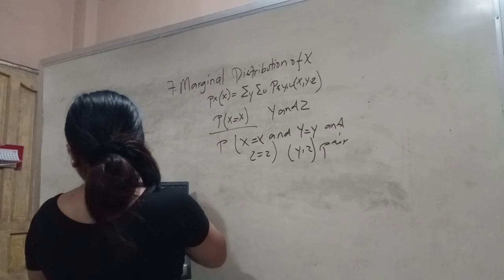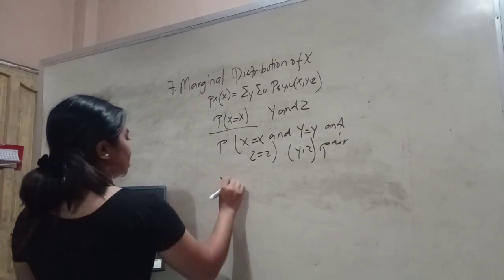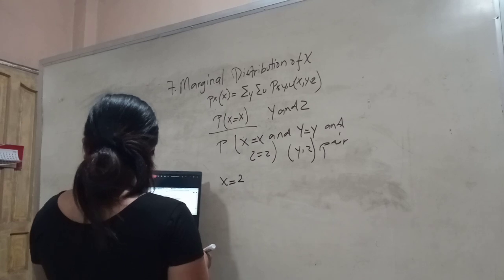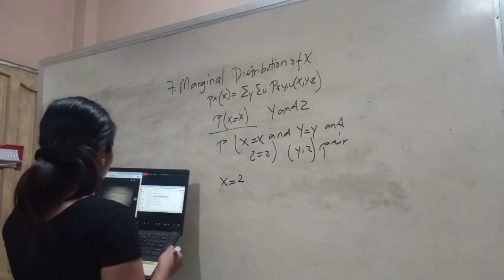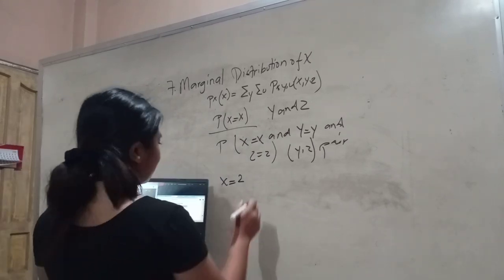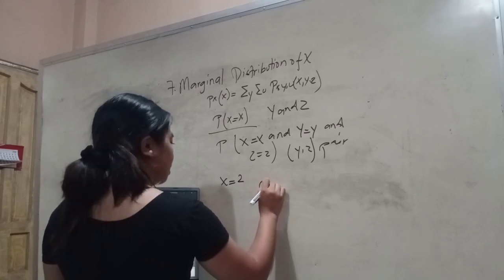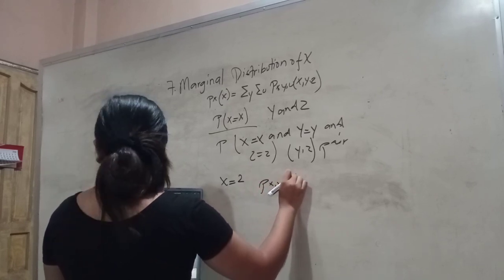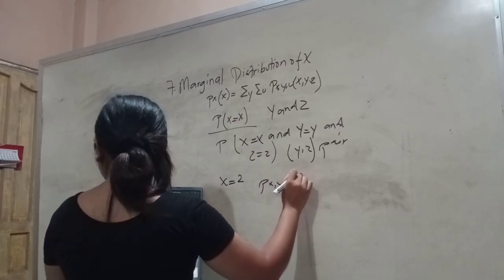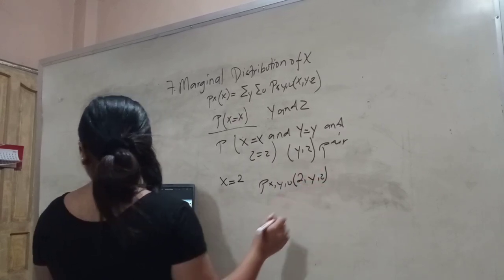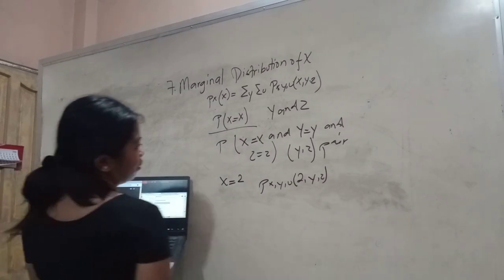If we want the probability that x is equal to 2, then regardless of y and z values, we sum p(2, y, z) over all possible y and z values.